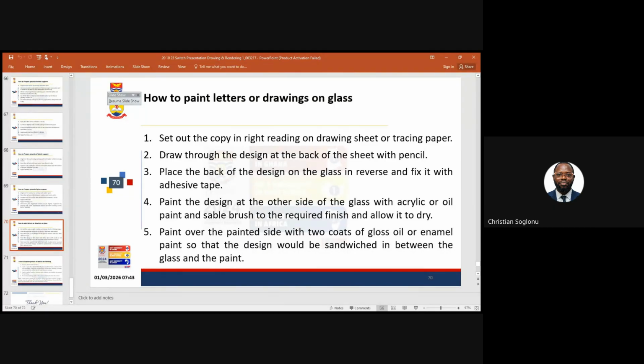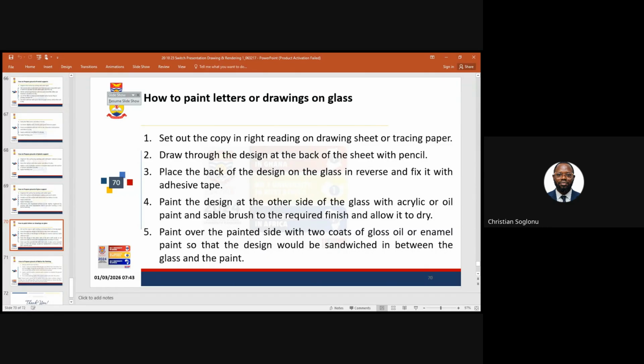I think you've all seen a tracing paper before. It's not the carbon paper. A tracing paper is more like transparent. When we go to the market, you get a tracing paper.